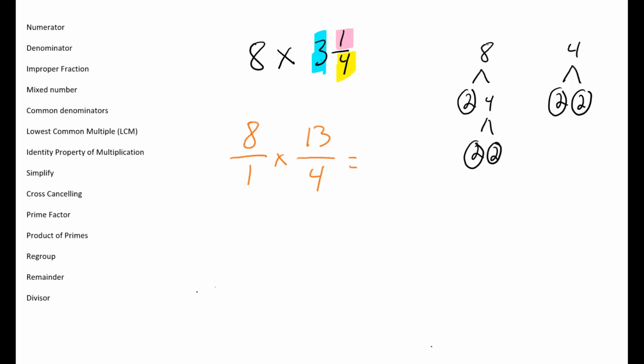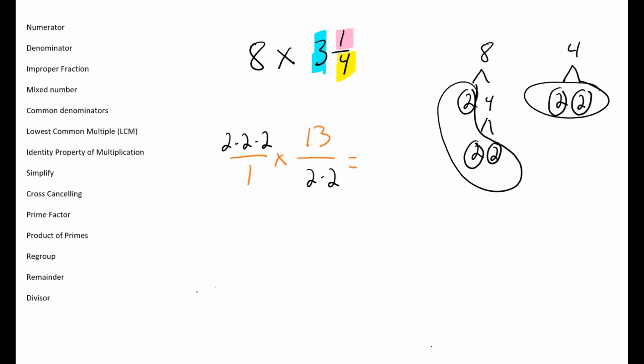So I'm going to go ahead and do that. I'm going to get rid of the 8 up here and rewrite it as 2 times 2 times 2. Then I'm going to take the 4 down here and rewrite it as 2 times 2. So you see how I rewrote those as products of primes. Now it's very easy to see what these have in common. I can take this 2 and cross it off with this 2, because any numerator can cancel with any denominator.